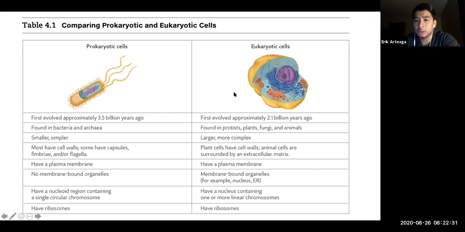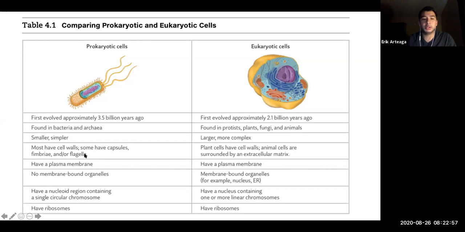Again, alluding to the complexity differences between eukaryotes and prokaryotes, right? So prokaryote cells are found in bacteria and archaea. Eukaryotes are found in protists, plants, fungi, and animals, right? So prokaryotes, again, smaller, simpler. Eukaryotes are larger, more complex. Again, they have separation of functions inside the cell, which alludes to the complexity of that cell.